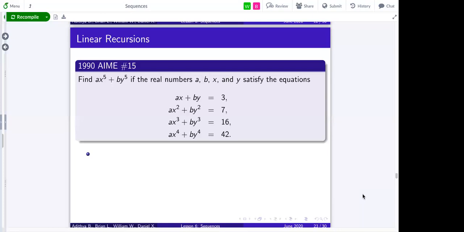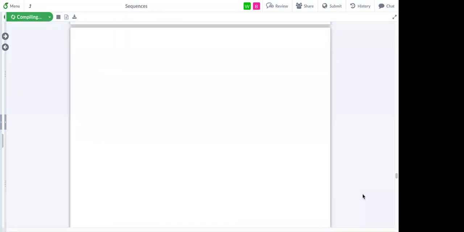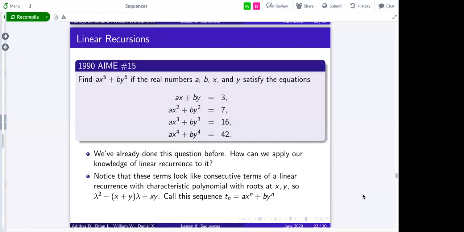So x and y, you're raising them to successive powers, so we can basically treat them as if they were roots of some characteristic polynomial with roots x and y. Since we already used x and y in the question, I used lambda to represent the variable. But the variable in the characteristic polynomial is not particularly important.